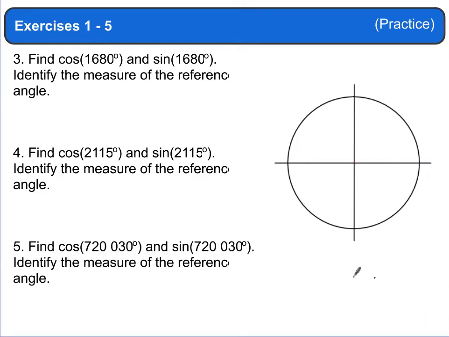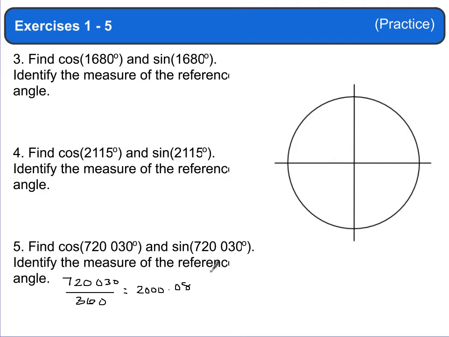So this can be done over and over again. It does not matter how big of a number you go. Let's say we go to a really large number like 720,030 degrees. We're still going to start by dividing by 360. 720,030 divided by 360 is going to be 2,000.08.